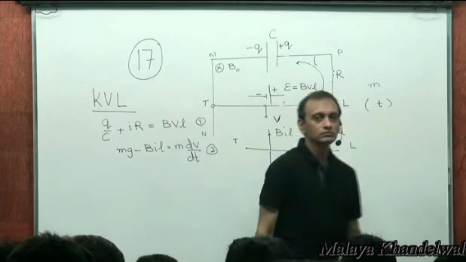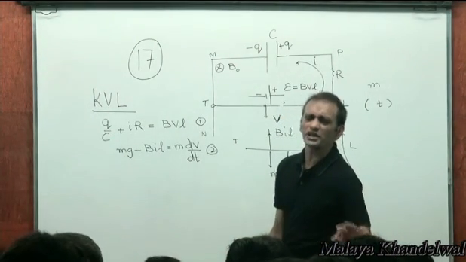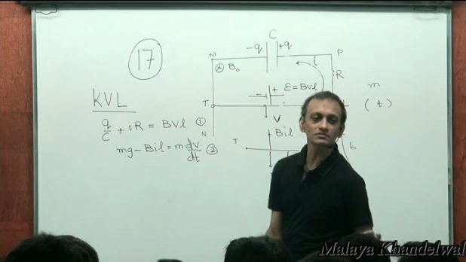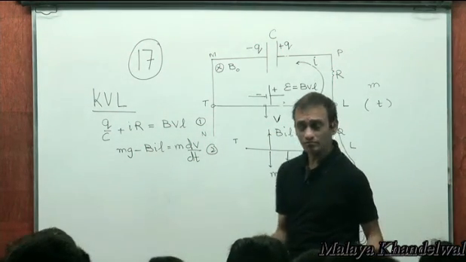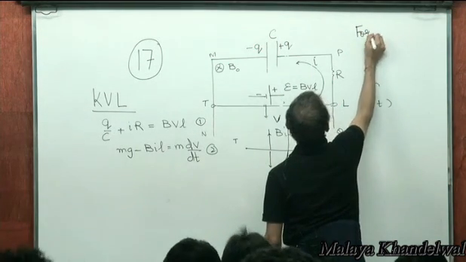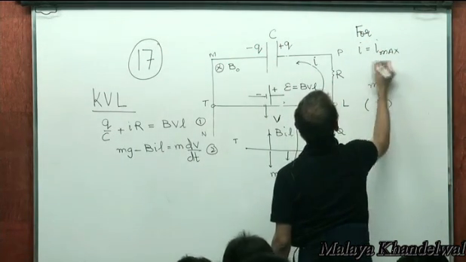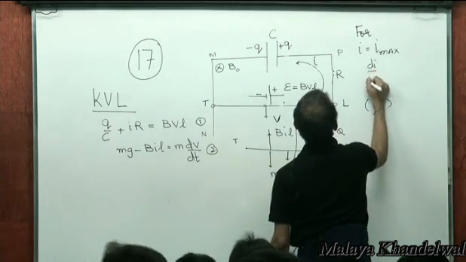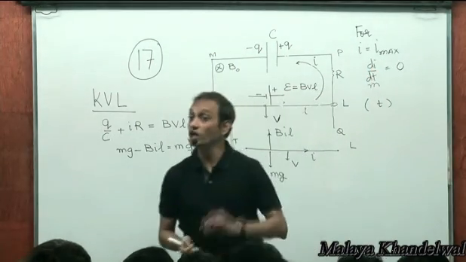Now, one thing, when I is I max, dI/dt must be 0, isn't it? For I equal to I max, dI/dt is 0.